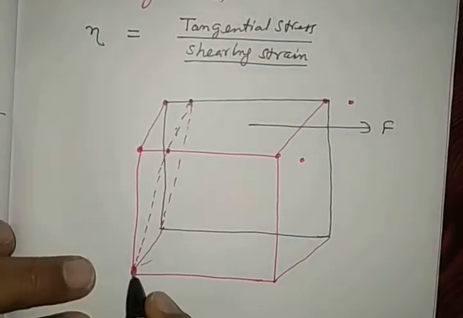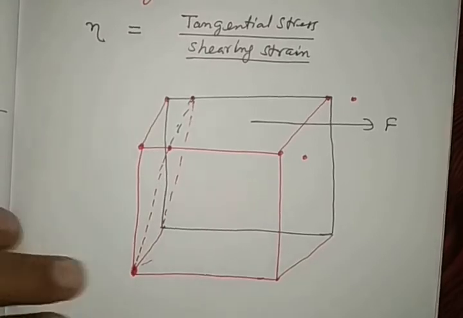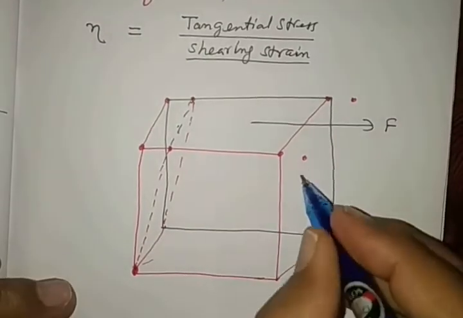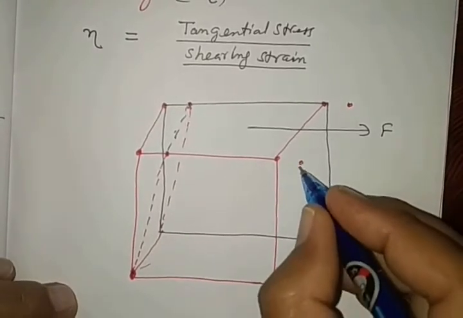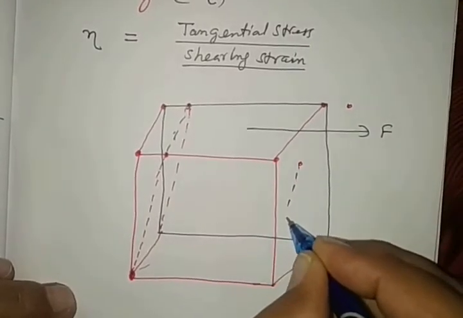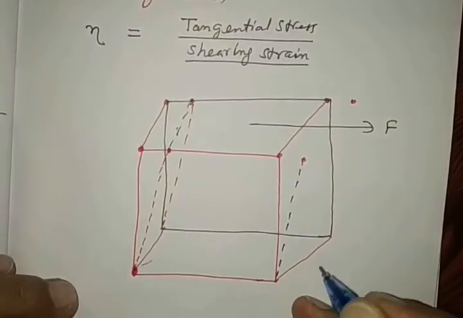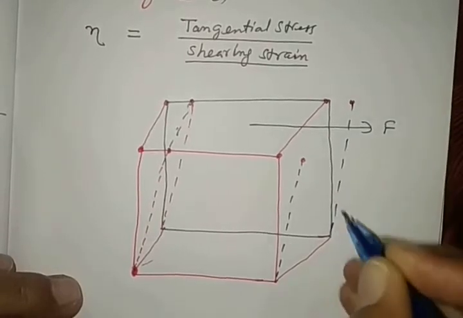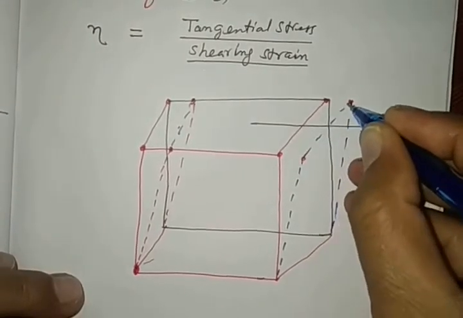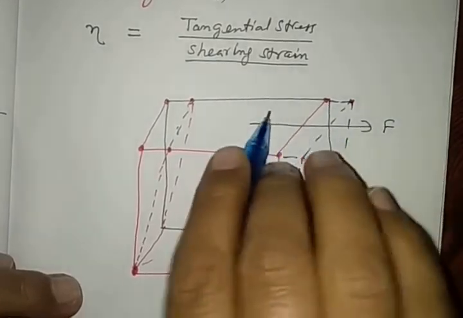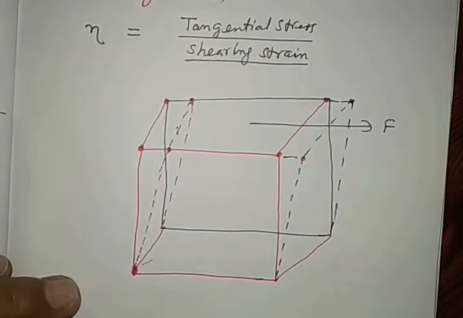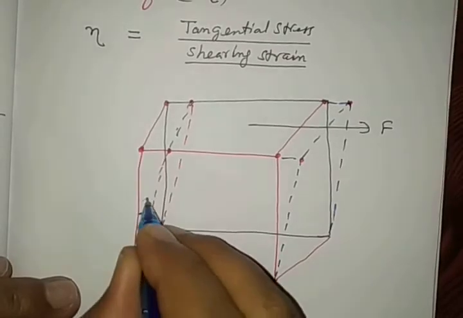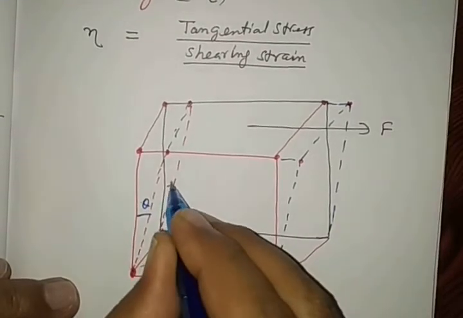When this tangential force is acting on this surface, it bends, keeping this point constant. In that condition, see how the other surface changes. It leans outward with this leaning angle theta in this case.